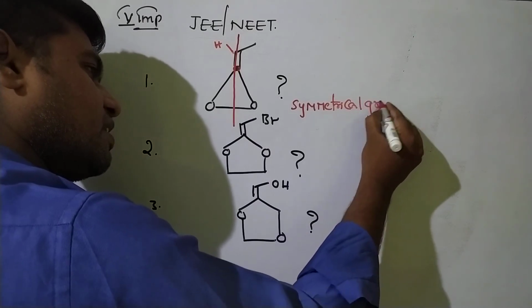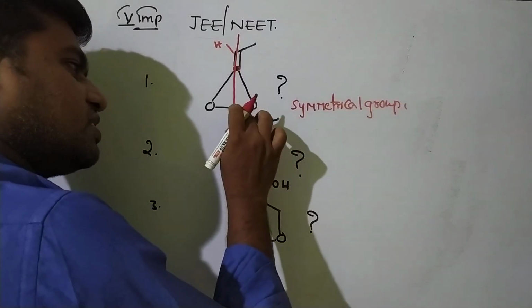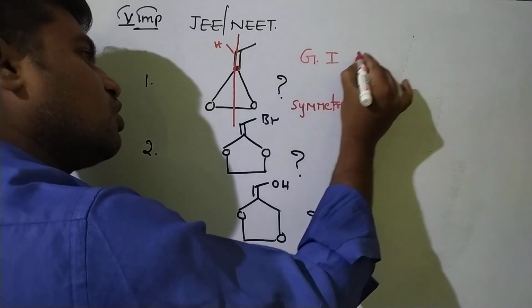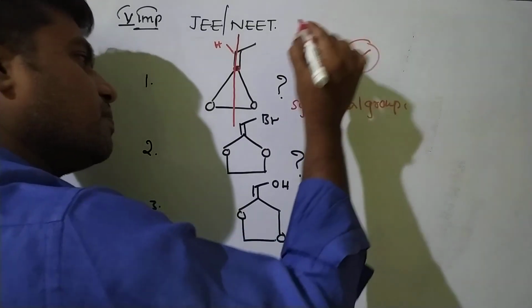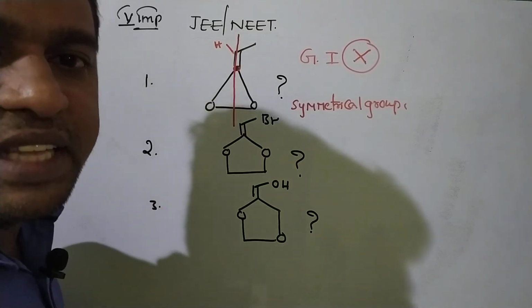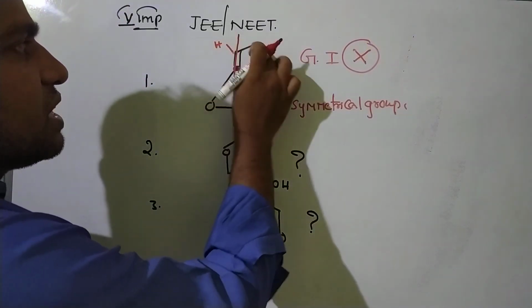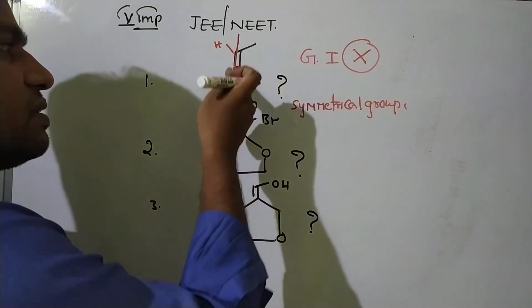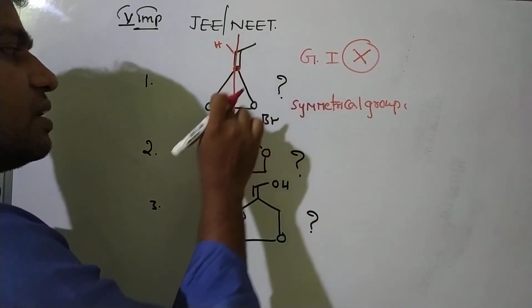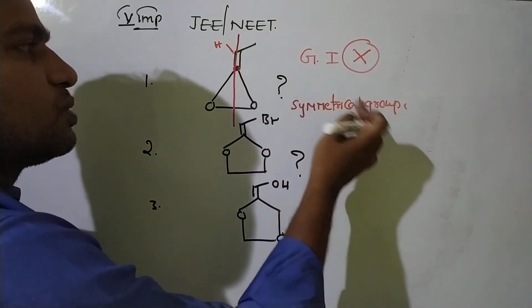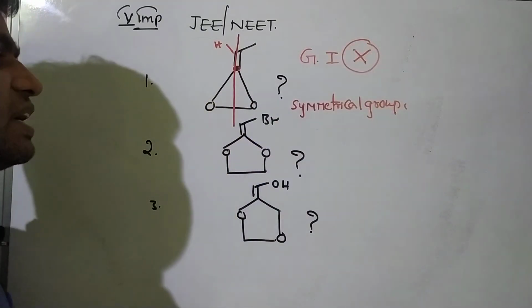So this compound doesn't show geometrical isomerism. Can you understand? I think you understood. These two groups, hydrogen and methyl, are of course different, but with respect to this carbon, this side has equal parts, symmetrical groups. So it doesn't show geometrical isomerism.